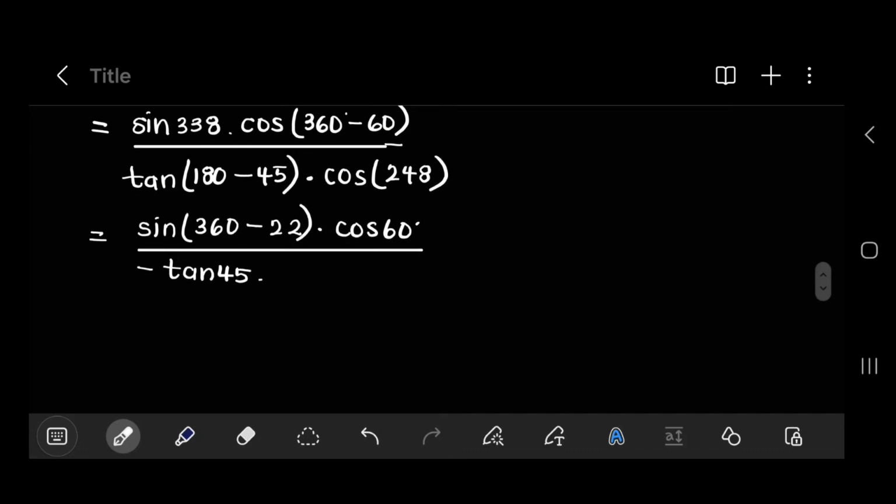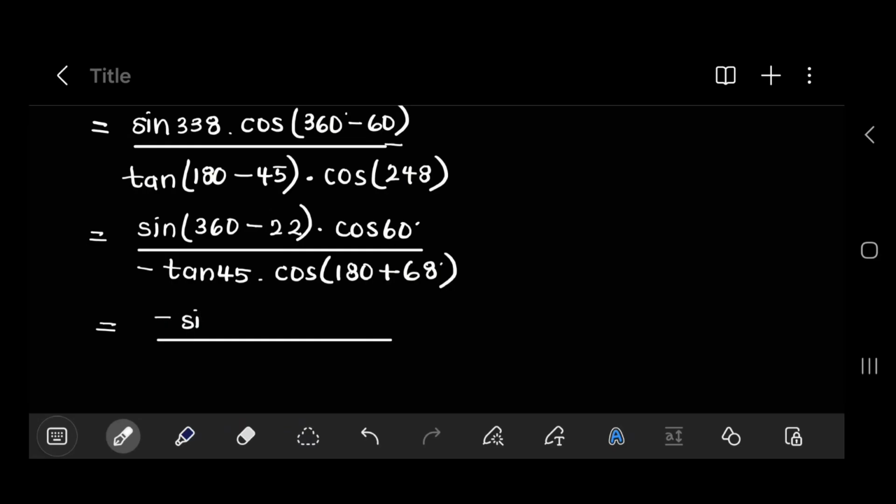248 lies in the third quadrant. So let's use cos of 180 plus. That's actually going to be 180 plus 68 degrees. Now further simplifying, in our numerator, we have sine of 360 minus 22. 360 minus lies in the fourth quadrant where sine is negative.